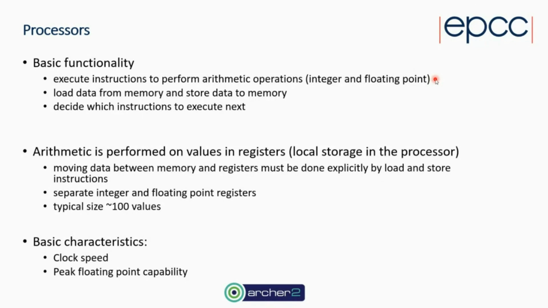And also the peak floating point capability, because as I've already said, for computational simulation, floating point performance tends to be very important. Their peak floating point capability is also important for the performance you can get from them.